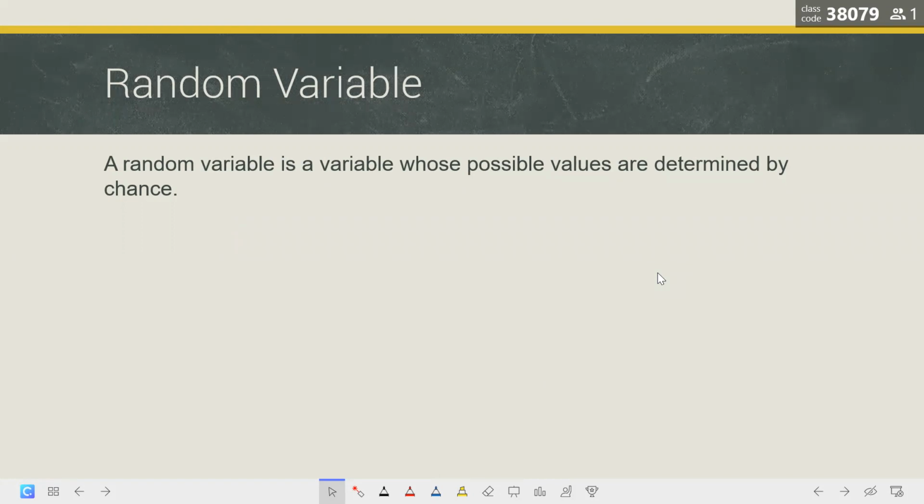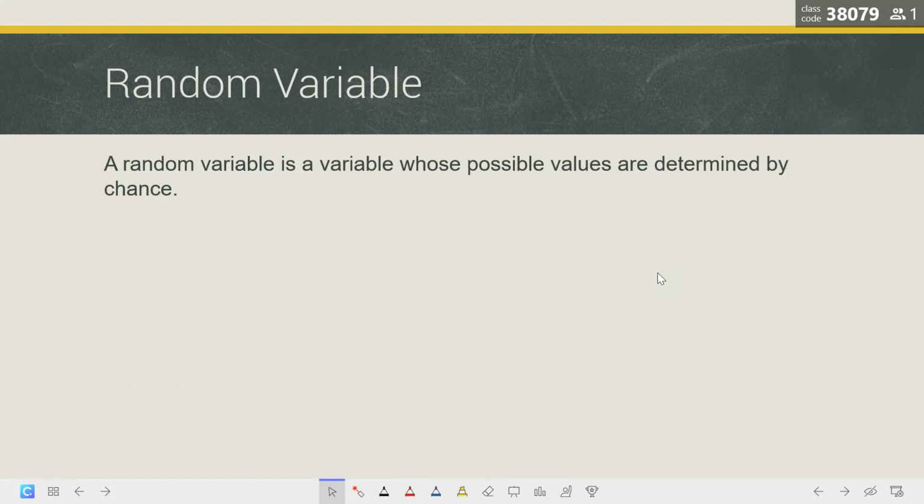Di ba? Hindi naman natin sinasadya yung number of the sibling. Kundi, it happens by chance. Hindi natin siya sinadya. And in statistics, random variable is very important. Kasi, ba't nga ba natin pag-aaralan yung mga variable kung sila ay sinadya? Para saan pa ang research?